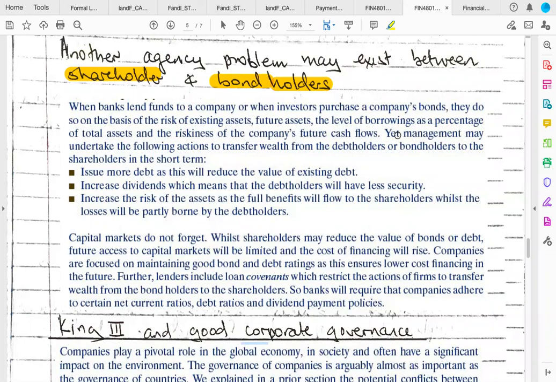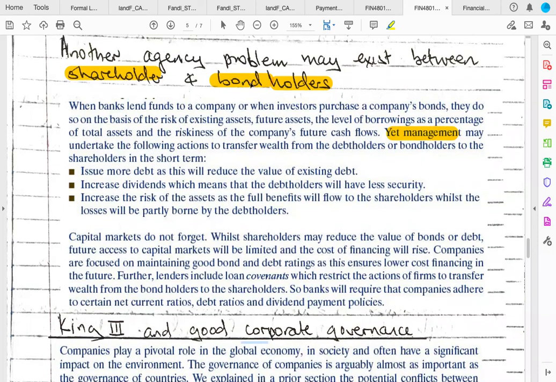So you might find that the management of a company, once they've borrowed money from a bank, might actually start acting in a way to benefit shareholders rather than the lenders, rather than the people who lent money to the company. Okay. So that can also create an agency problem for bondholders, right?